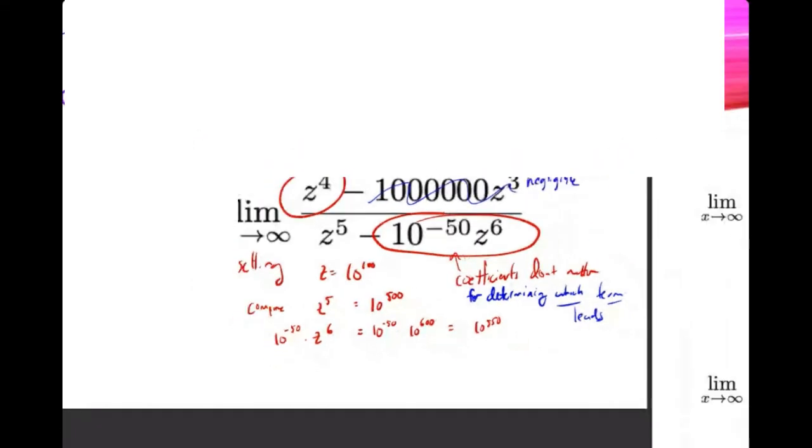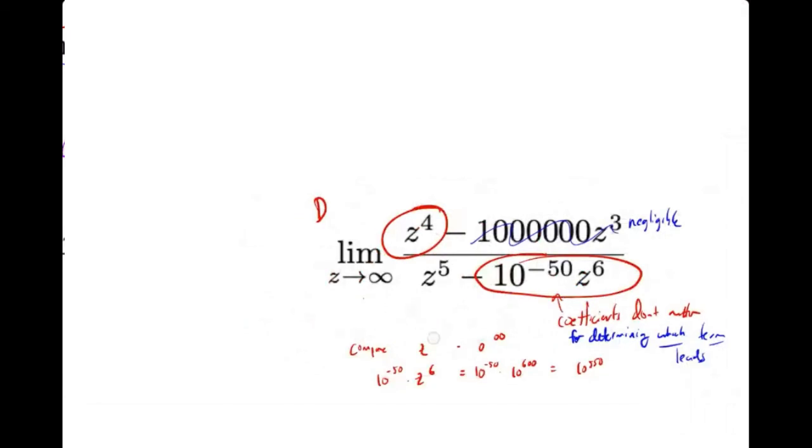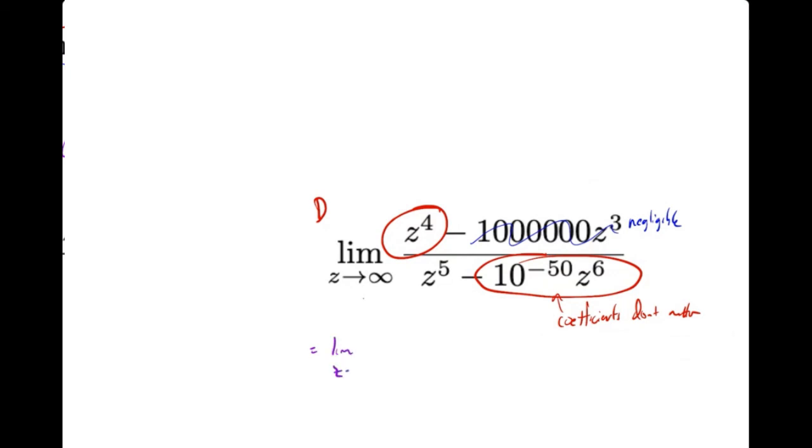Let's go the distance and find out what the value of this limit is. By using leading behavior, we can state that this limit is equal to the limit as z goes to infinity of z to the fourth over minus 10 to the minus 50 z to the sixth. And now we should do algebra, and we'll cancel up top, and that'll turn into a 1, and we'll cancel down there, and that'll be squared.